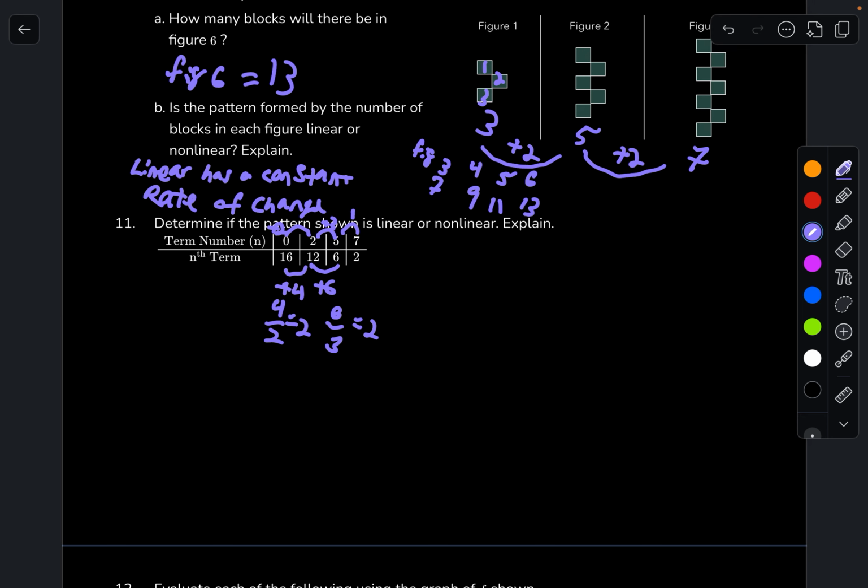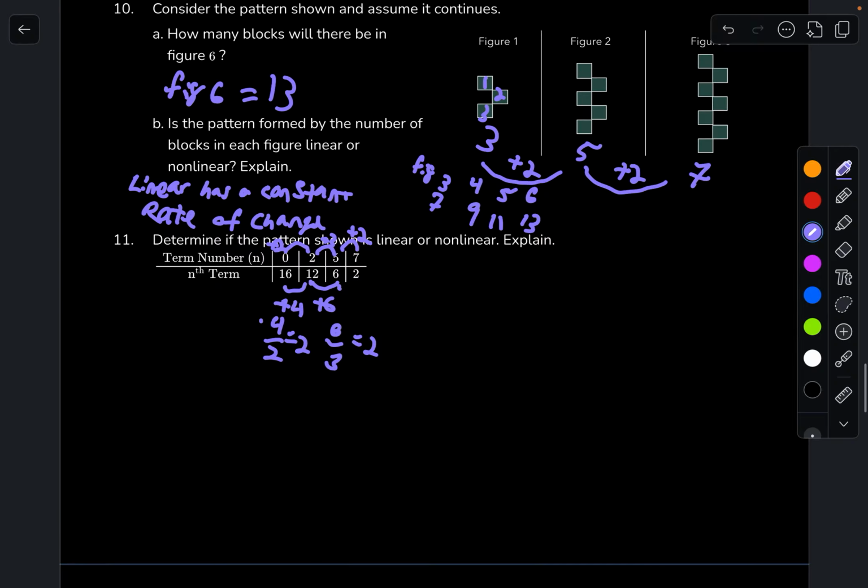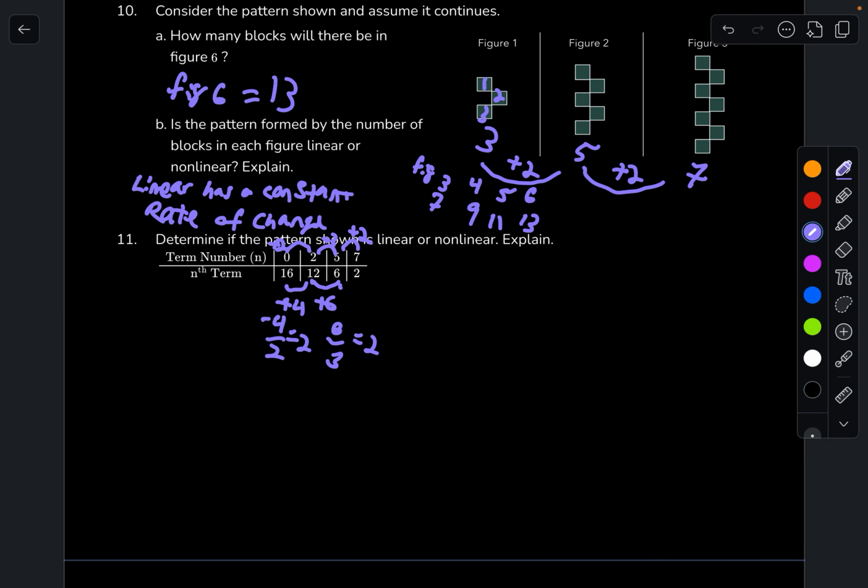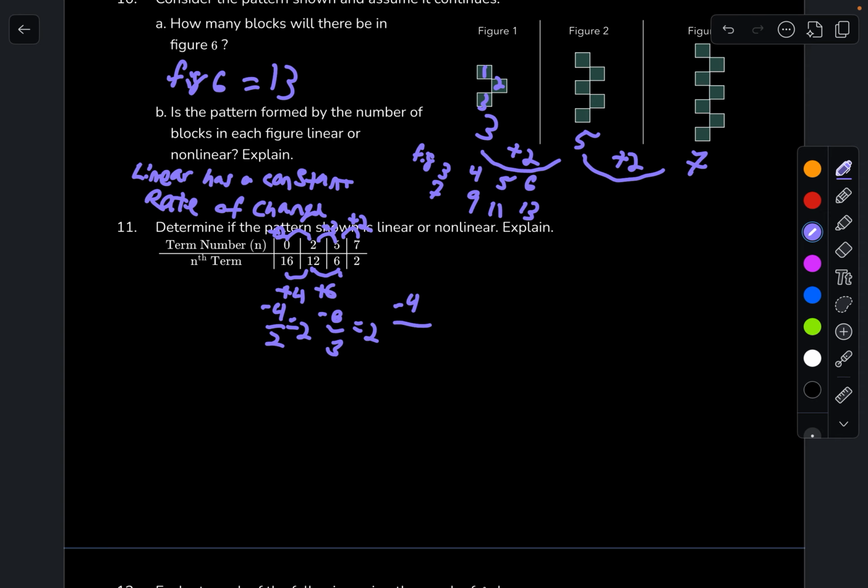Here we added 2 when we, did I say add? I'm sorry, we're subtracting. So that was actually a negative 4. 16 to 12 is negative 4. 12 to 6 is negative 6. 6 to 2 is negative 4, whereas we changed by 2, and that's negative 2.